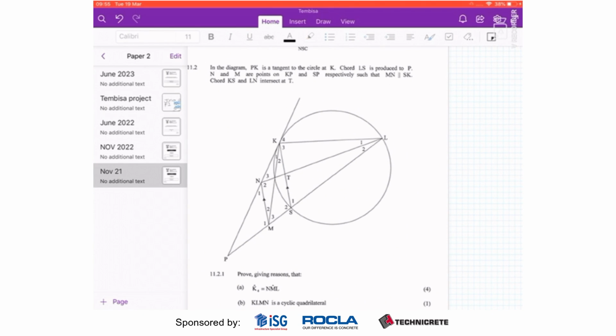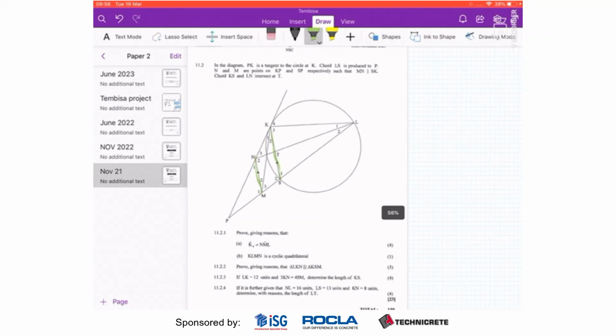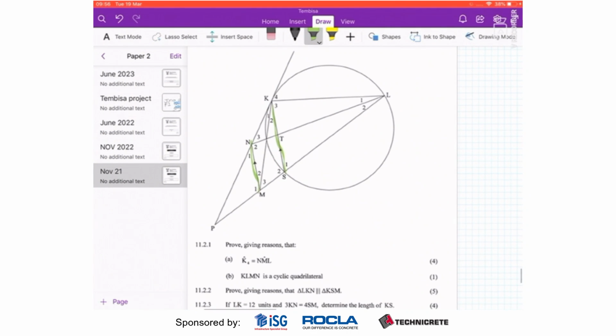It says, in the diagram, PK is a tangent to the circle. Chord LS is produced to P, and N and M are points on KP and SP respectively, such that NM is parallel to SK. Chords KS and LN intersect at T. Prove, giving reasons, that K4 is equal to NML.